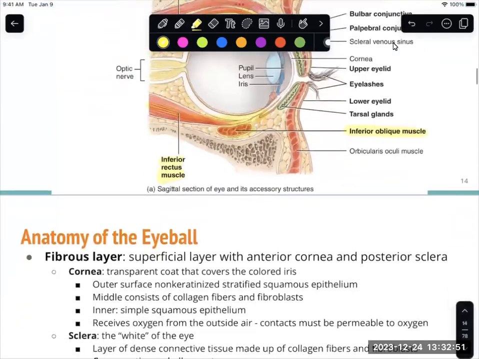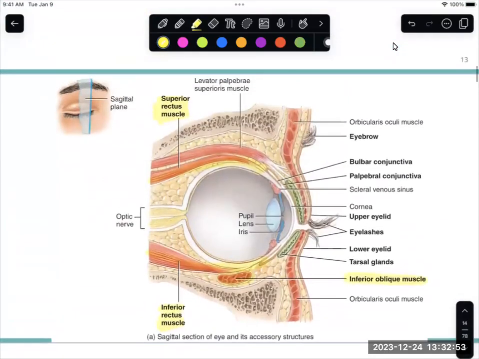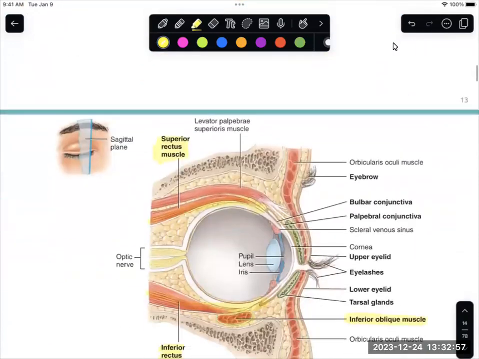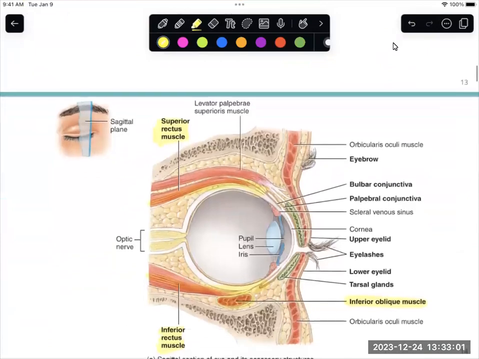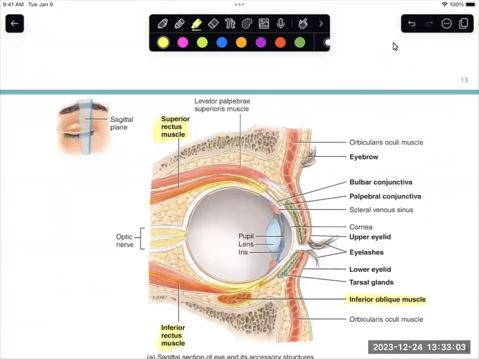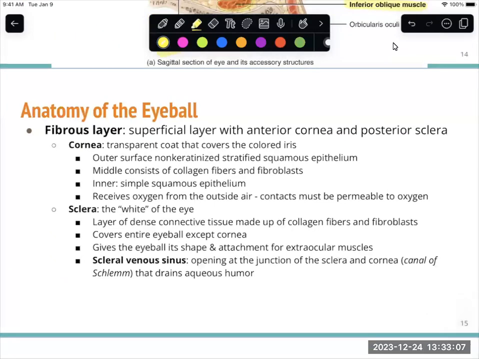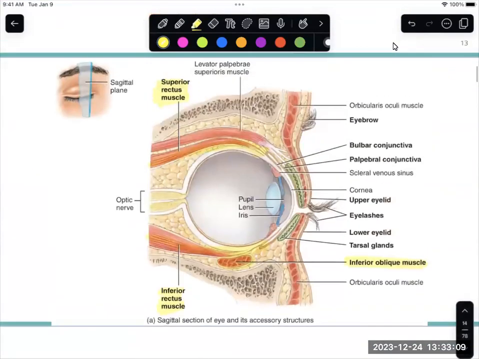Superior rectus is going to do some of that same movement, like coming across the side. They don't show a good picture of any other muscle here for some odd reason. So we'll be able to see them all in the lab. There's plenty of models in the lab that show all of these specific muscles.